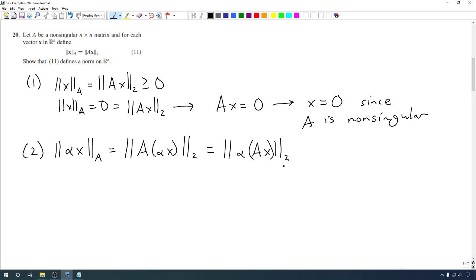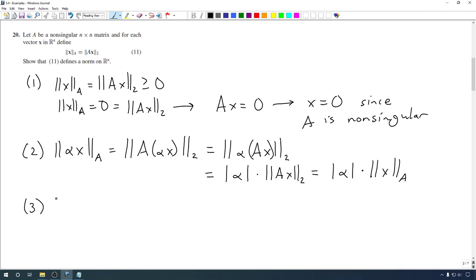But now, because we're working in the 2 norm, we're allowed to pull that alpha outside. And again, it becomes an absolute value of alpha on the outside. And so, using our definition again for what the A norm is, this is the A norm of x. So we have the absolute value of alpha times the A norm of x. Okay? So we're able to pull that alpha outside.